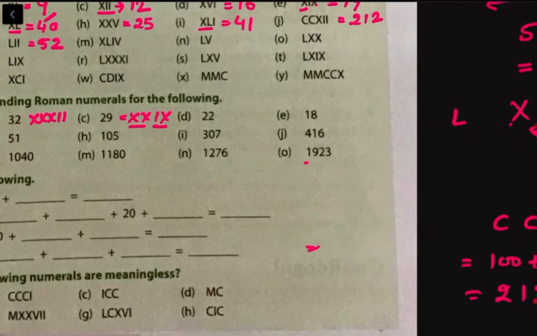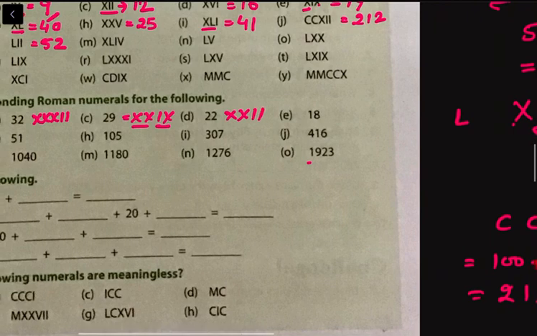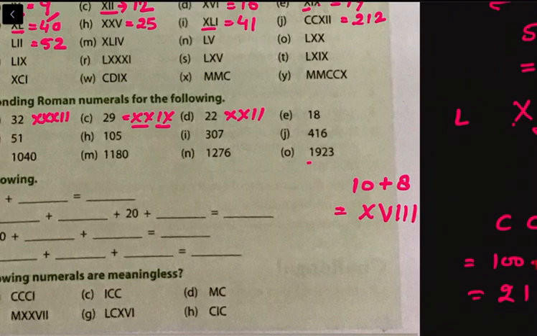Okay, next. 22 is XXII. 18 means 10 plus 8, that is X plus 8, this is 18, XVIII.